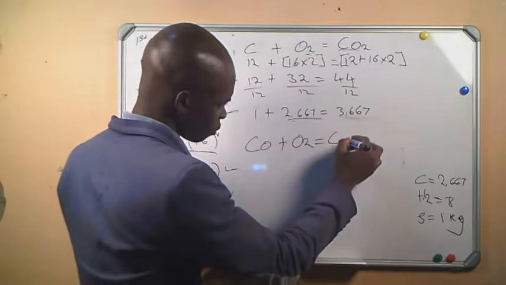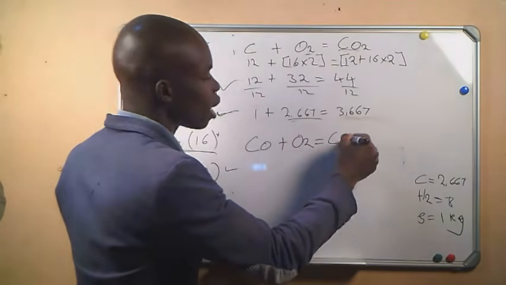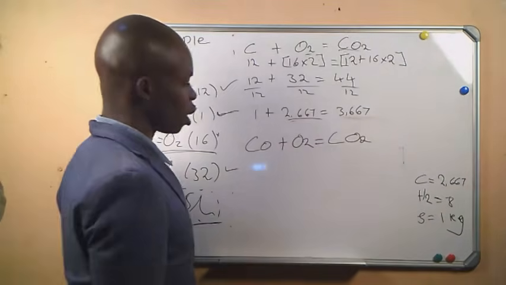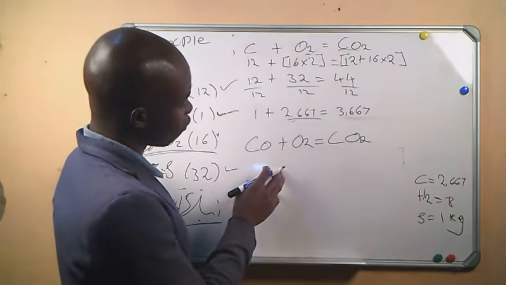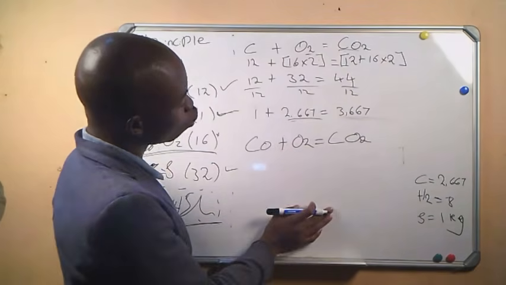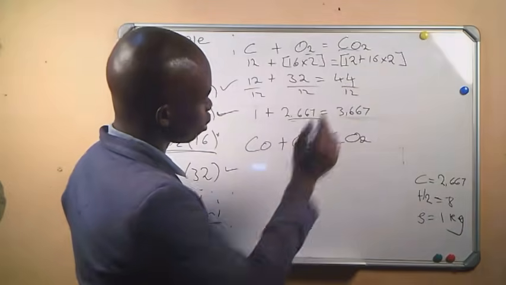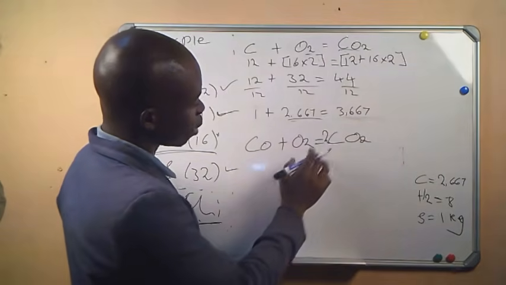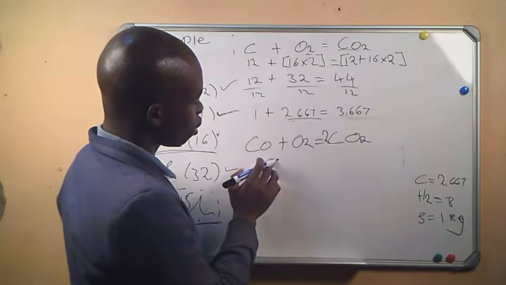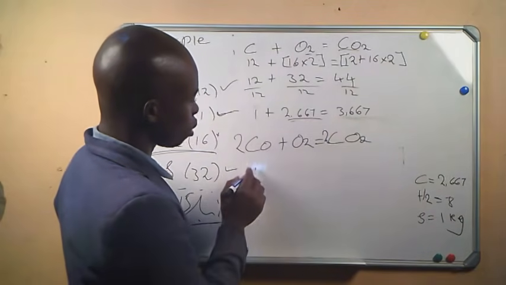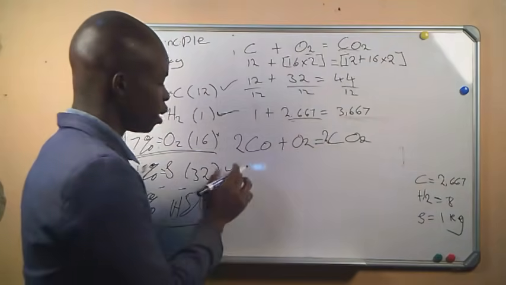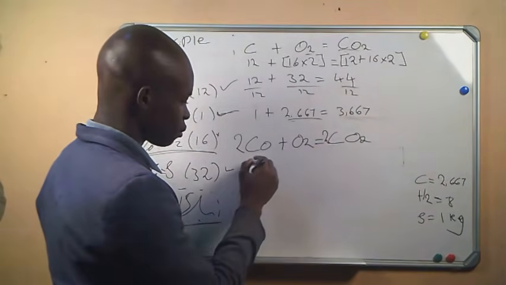The product now will be carbon dioxide, which will have first to try and balance the equation. That's 2, that's 4, and then it's 2, it's 2, it's 4, it's 4. Yes, and then we substitute.